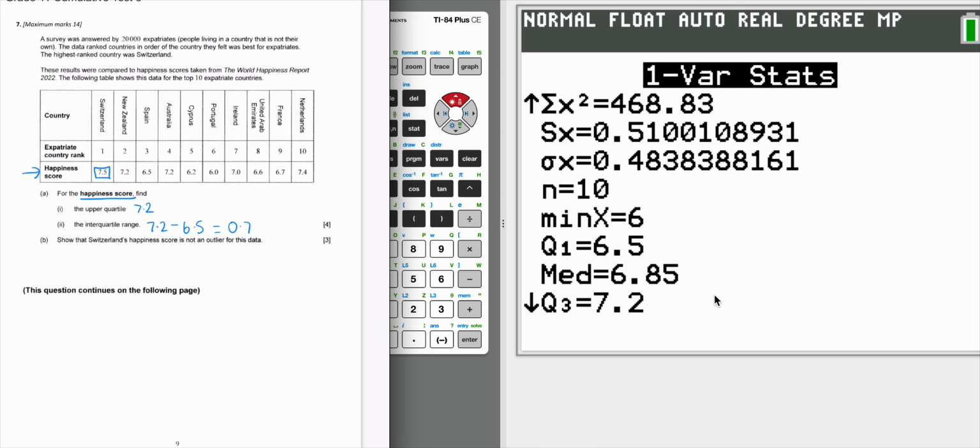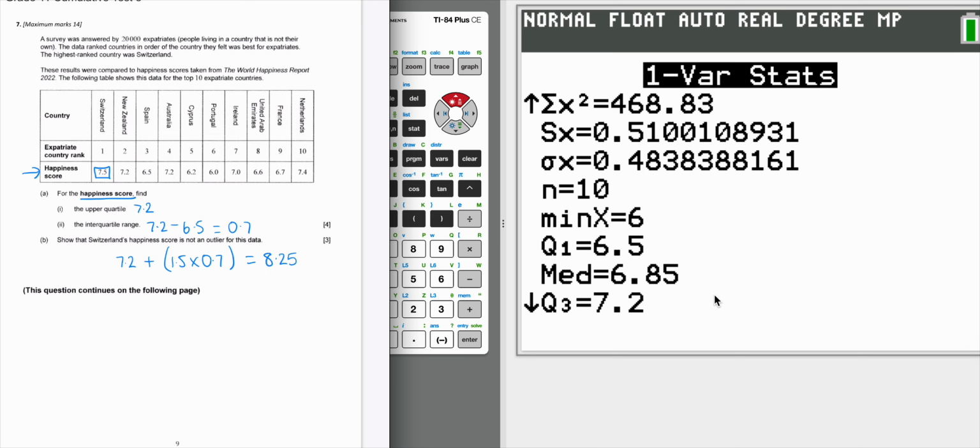Because Switzerland has a high value, we only need to look at the upper quartile. So the upper quartile, 7.2, plus 1.5 times the interquartile range, always 1.5 times, gives me a value of 8.25.